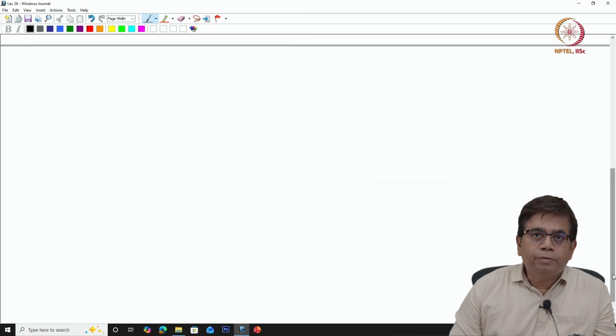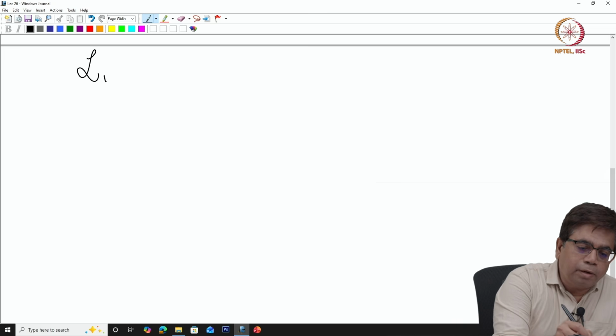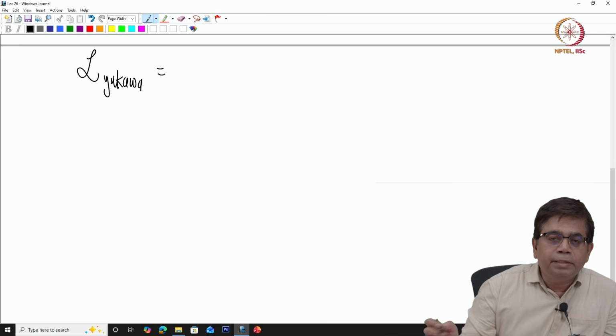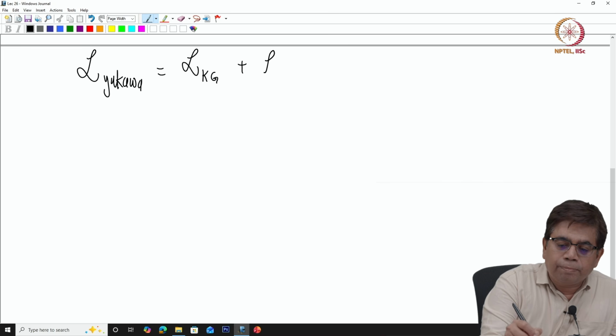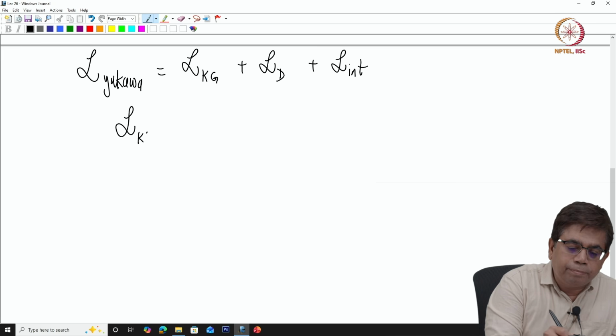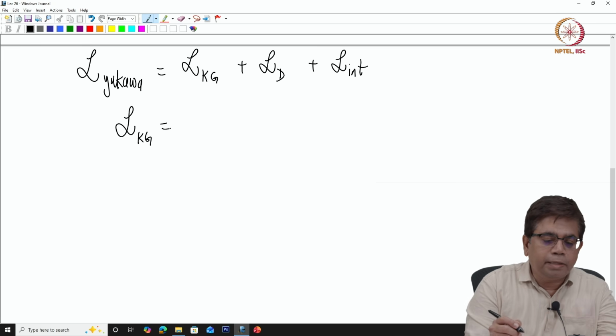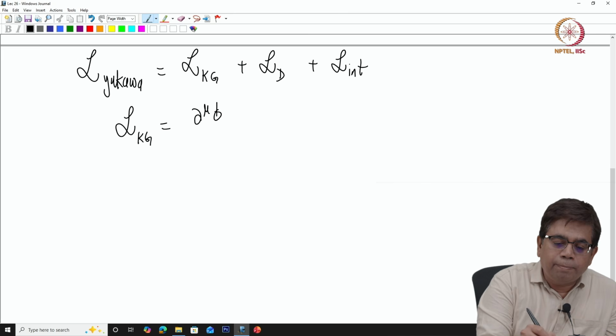Okay. So, to revise a little bit more, let us look at L Yukawa. This contains L KG plus L Dirac plus L interaction, where L KG is the Lagrangian for the Klein-Gordon field, which is given by one half del mu phi del mu phi.